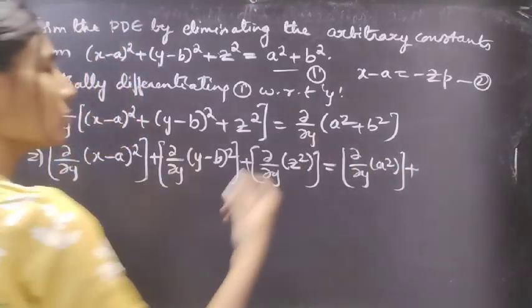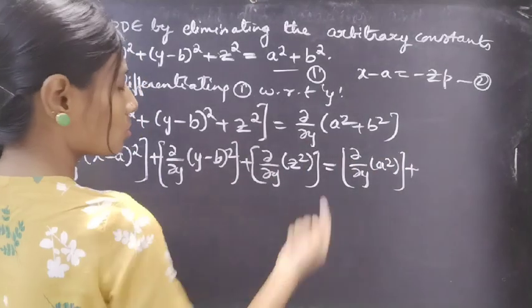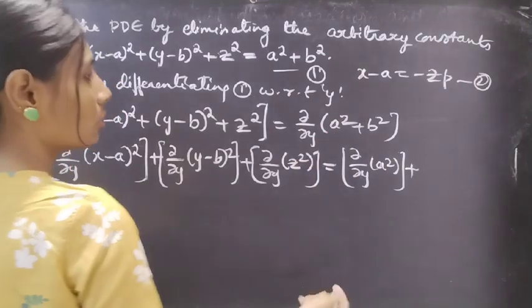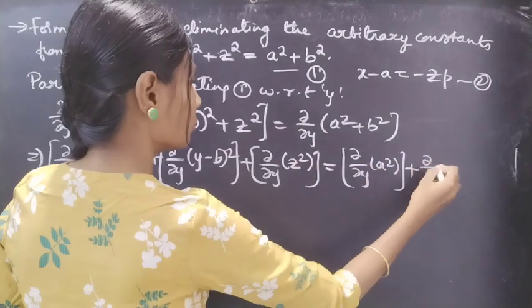You can directly write 0 because a square and b square are constant, so the partial derivative of a constant is 0, right?